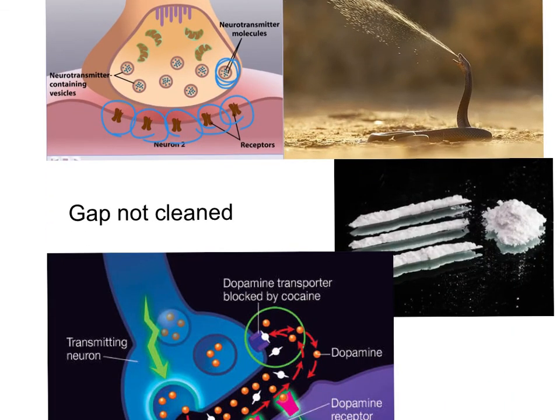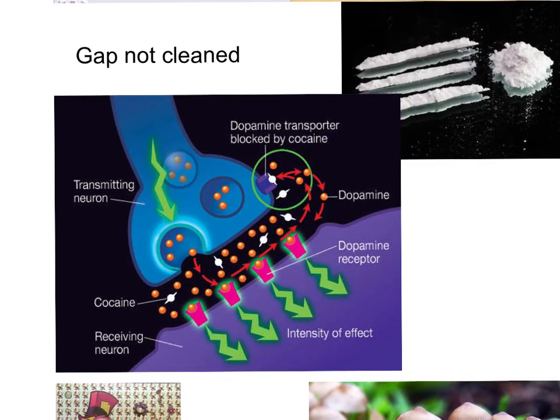Another example of a neurotoxin would be one in which the gap is not cleaned up. Cocaine is an example of that. Cocaine is a stimulant, meaning it causes your neurons to fire when there is no actual sensation or no input, so thus you have like hallucinations.